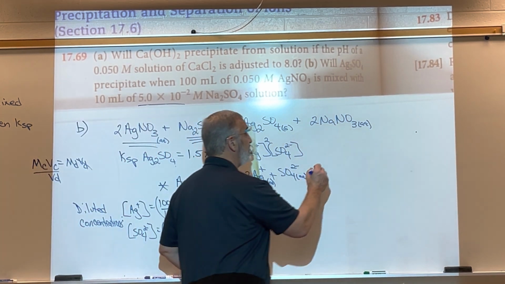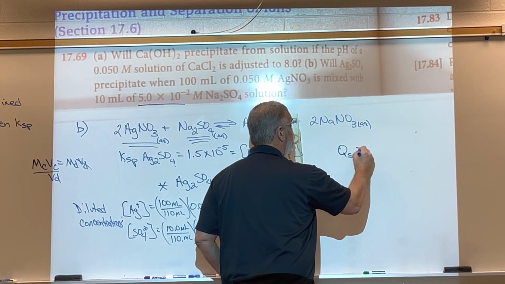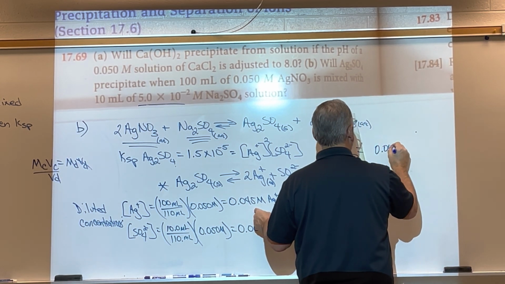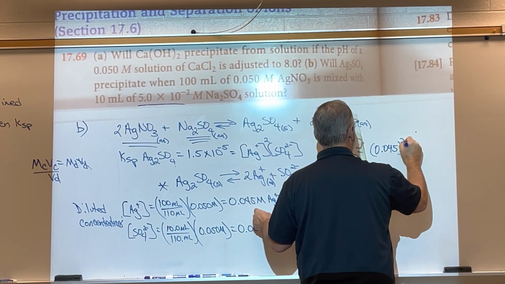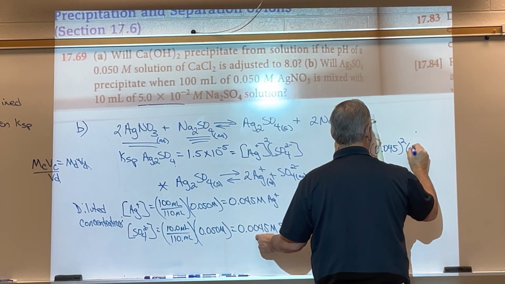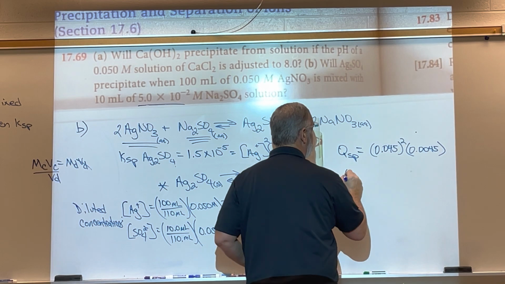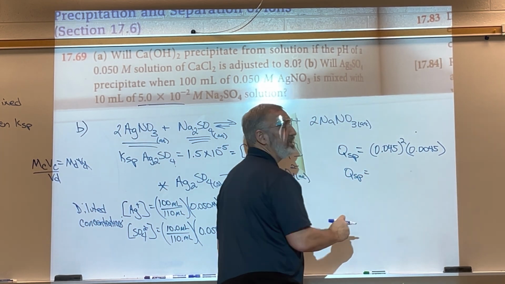So I'm going to calculate QSP, which equals silver 0.045 squared times my sulfate 0.0045.